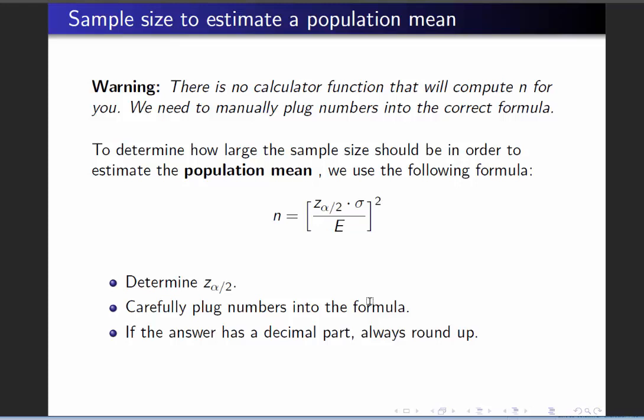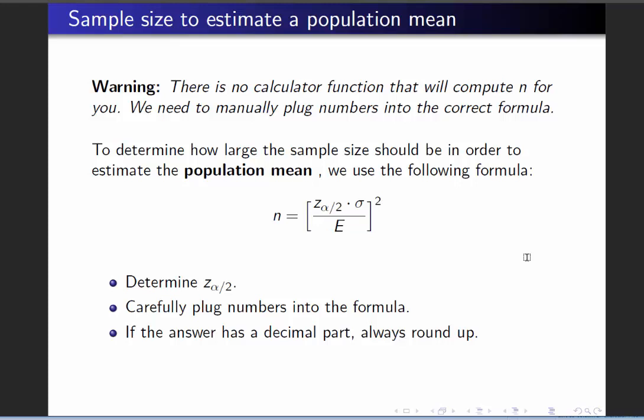We determine what Z of alpha over 2 is, and many times there will be just standard values very commonly used, such as Z-scores for 90, 95, and 99%, okay? Then we carefully plug numbers into the formula, and if the answer has a decimal part, we round it up. So that is your general strategy for solving problems that ask you to find n.